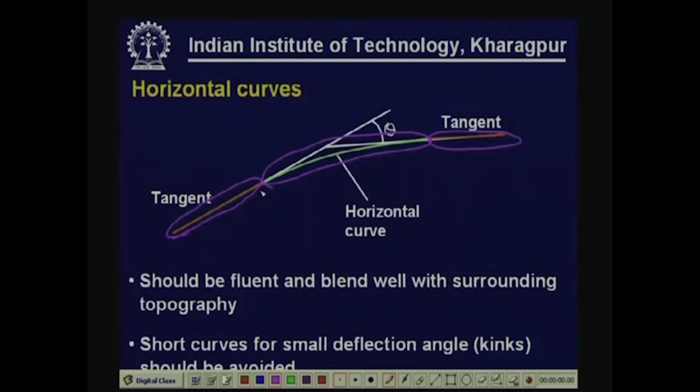Most of the cases, in fact for design purpose, always we use circular curve for this stretch. Now, as shown here, this is the tangent and here there is another tangent. So, this angle we call it as deflection angle, denoted here as theta.